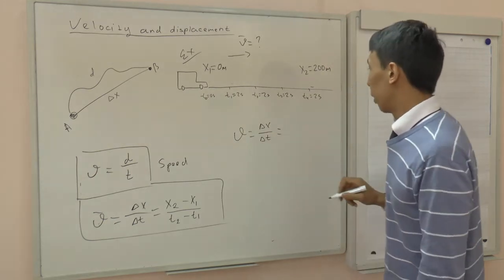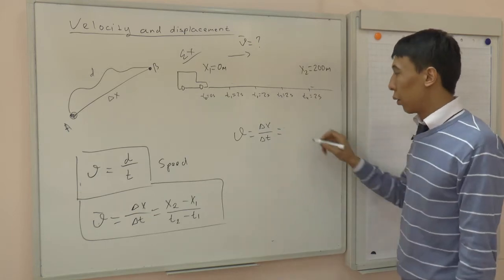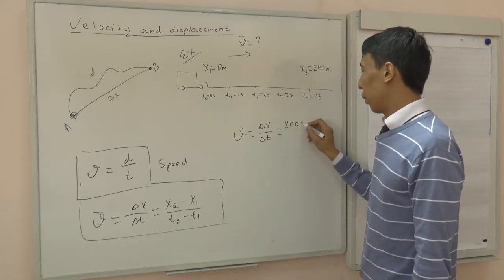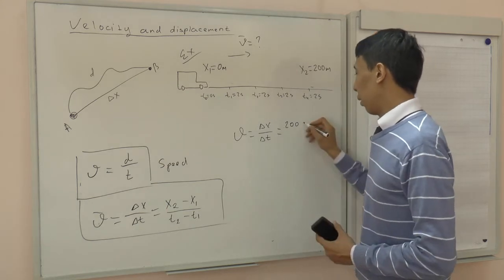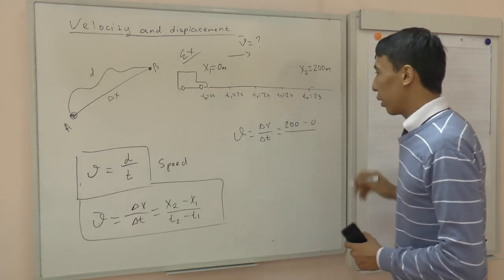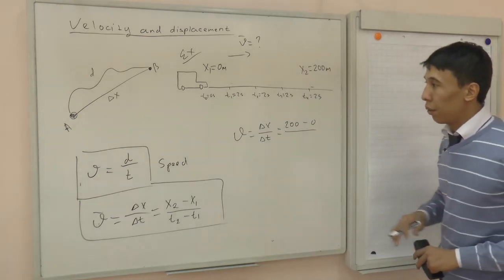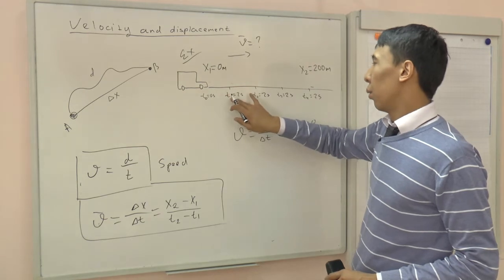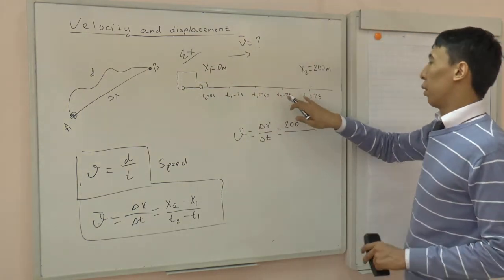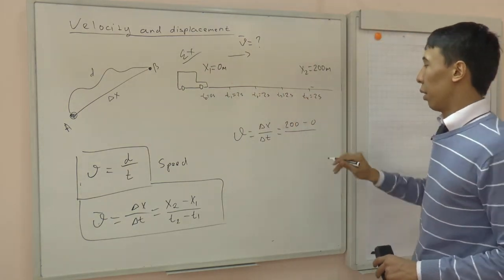As delta x we can take 200 minus 0, and divided by what? How many seconds do we have there? 2, 4, 6, 8 seconds.